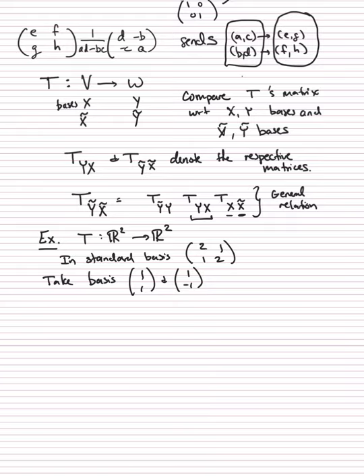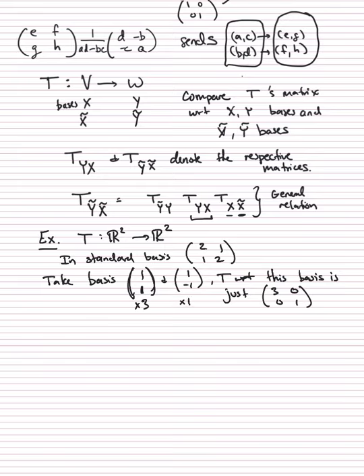And this has the nice form: T with respect to this basis is just 3, 0, 0, 1. Remember 1, 1 goes to 3, 3, so you're just multiplying this vector by 3. 1, negative 1 stays 1, negative 1, so this is just times 1.